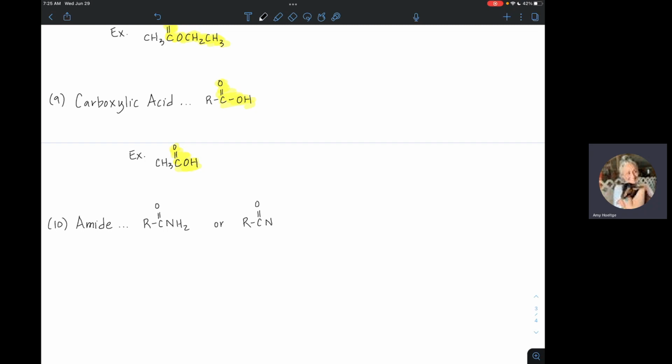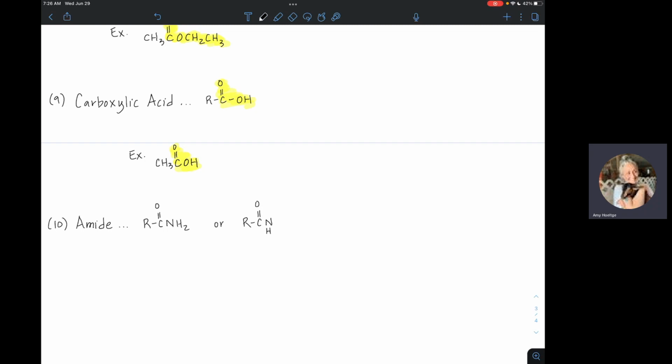The only thing you can't do this with is an alcohol and have it still be an alcohol. The second you swap out the hydrogen on an alcohol with an R group, it becomes an ether. So amides and amines are classified a little bit differently by the groups that are on the nitrogen.